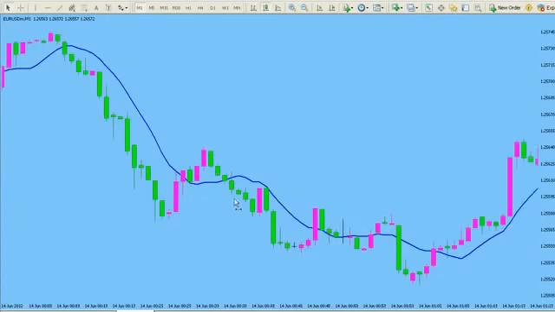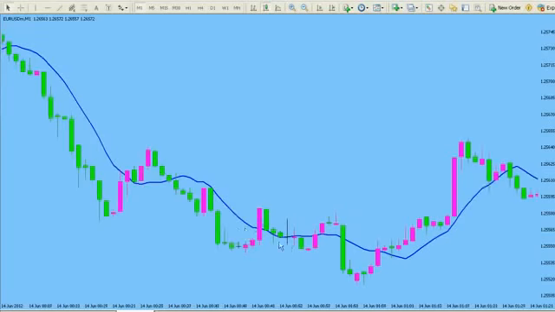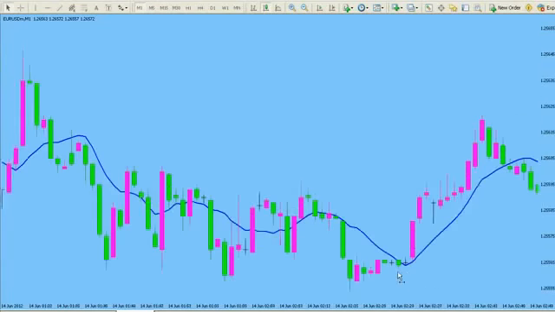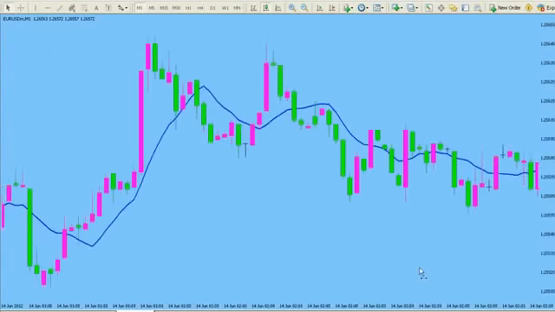But once you get a pretty good run out of that, you can see that you don't get quite as much of a run, and then you get into a period of a little bit choppy before you can get back in harmony with that overall trend. So please keep that in mind.